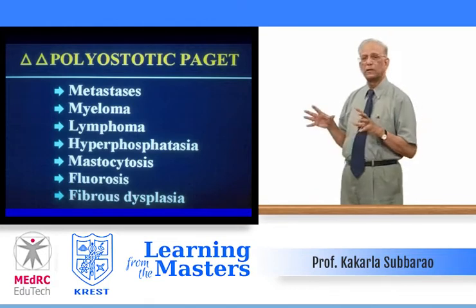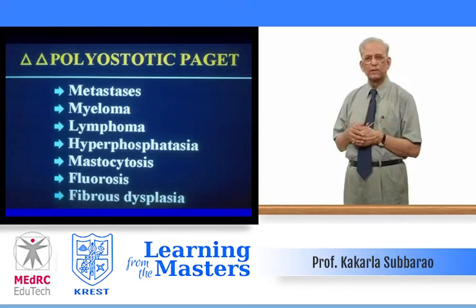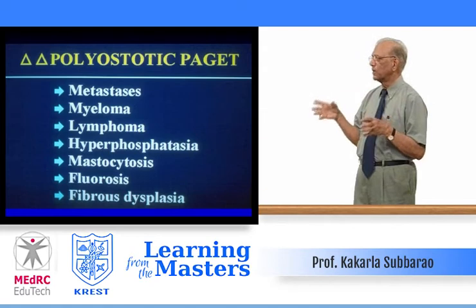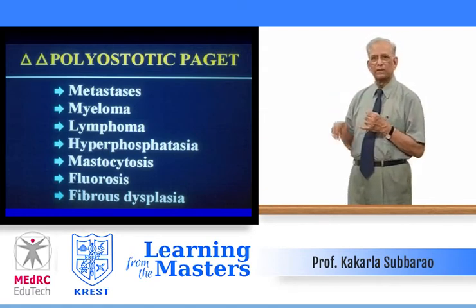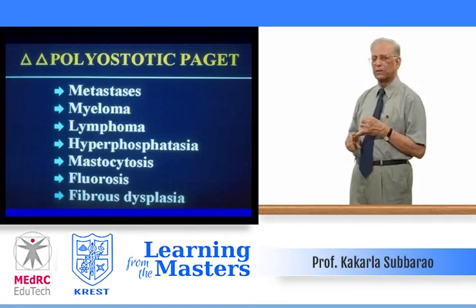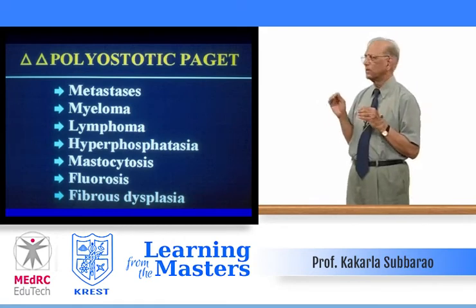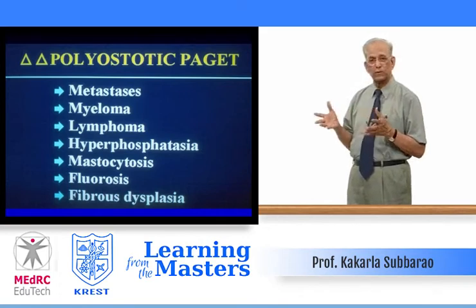Now, polyostotic Paget disease, what is the differential diagnosis? Earlier we discussed, say, an ivory vertebra, a monostotic disease. What is the differential diagnosis? In polyostotic Paget disease also, you find metastasis, myeloma, sclerotic type of myeloma, lymphoma, hyperphosphatasia, a rare entity, but there also you get diffuse dense bones, mastocytosis, and fluorosis, which is very common in this part of the country.